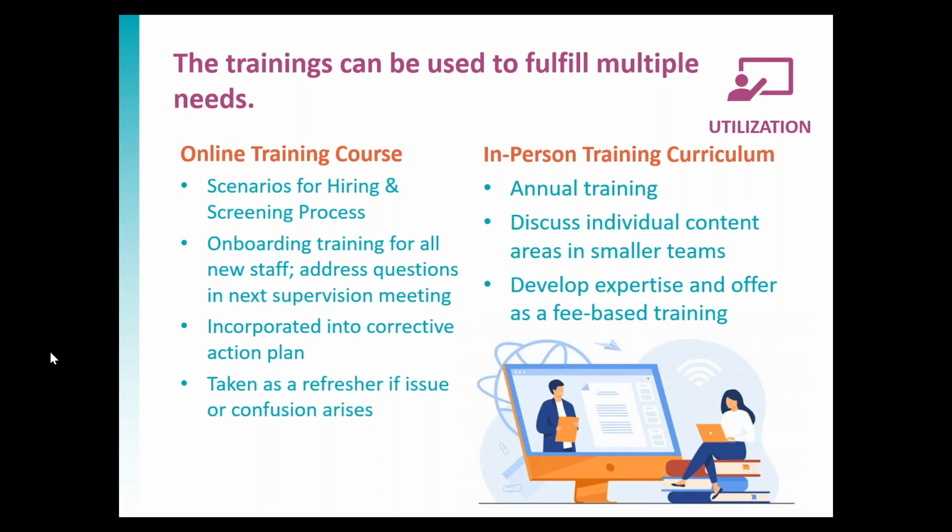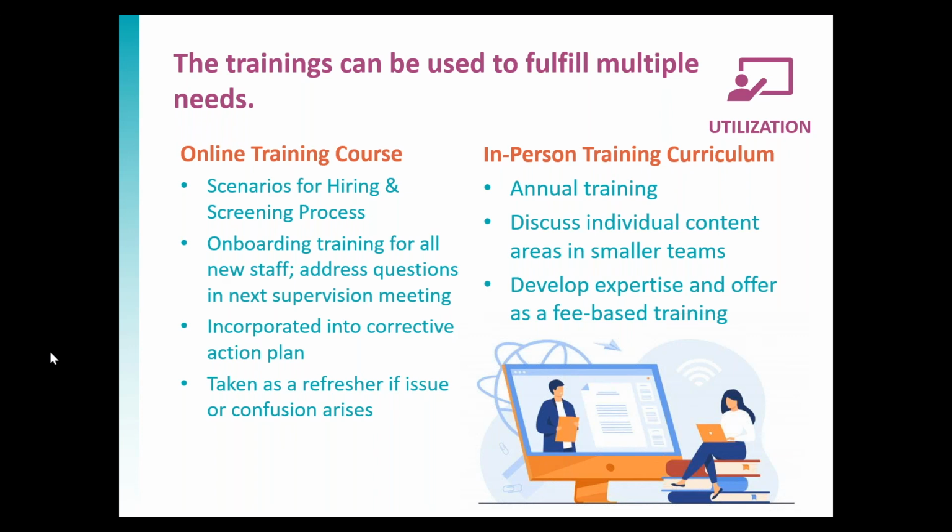Thank you. So when we talk to our learning community members from our STRTPs, they're using these different trainings and information throughout their organizational practice. The online training course we really recommend as a great tool for hiring and screening of new job applicants and staff.